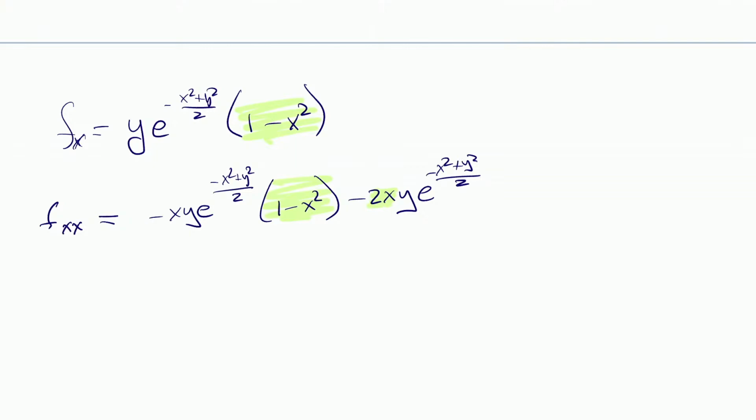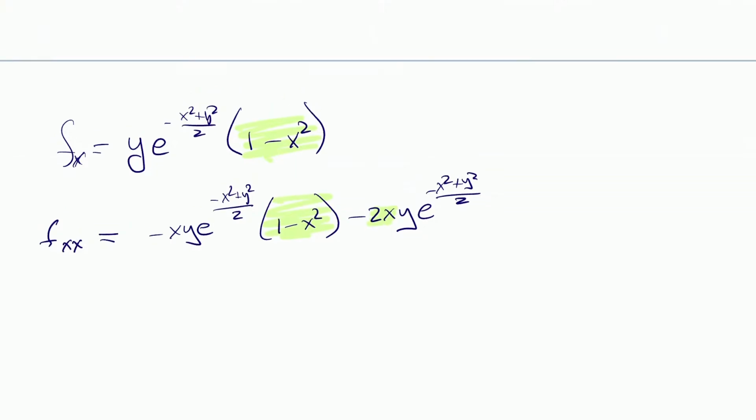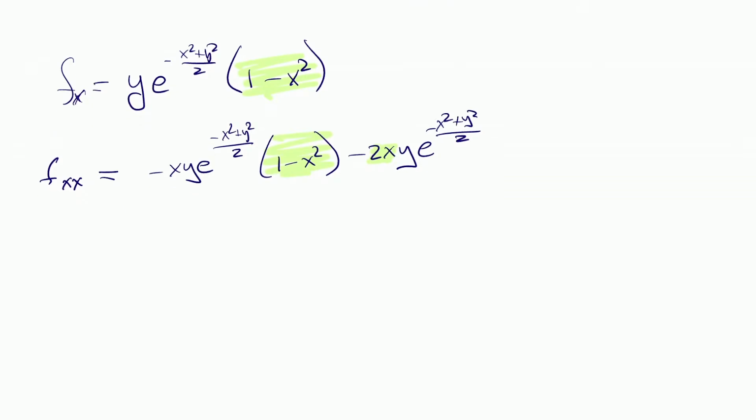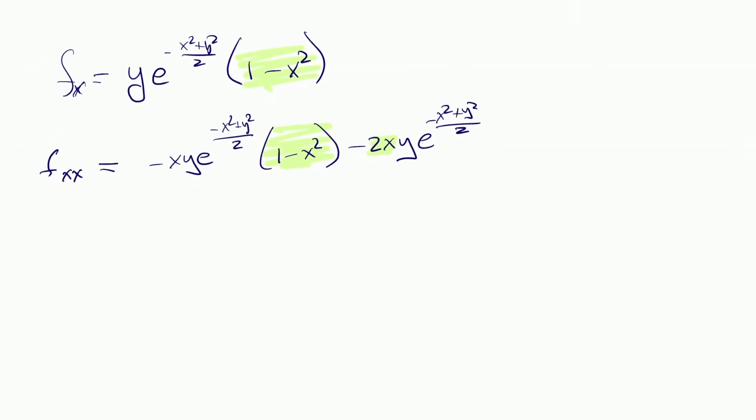Okay, now I just have to use that. In fact, let's make it simpler yet. So looks like I can combine these, can't I? No, I can't. Yes, I can. I have negative xy e to the negative (x squared plus y squared) over 2 times (x squared minus x squared minus 1.